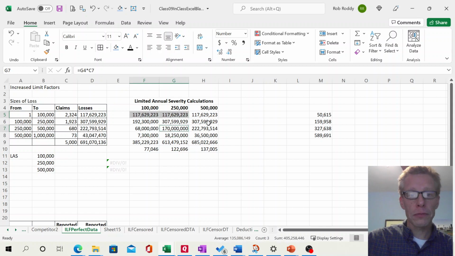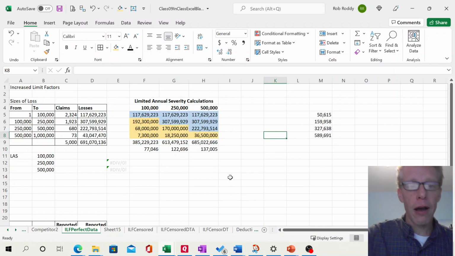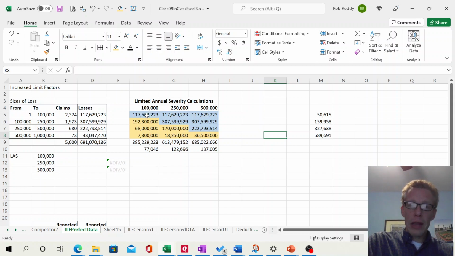So I'm going to color the cells based on the losses and the limited losses. This is really where you can see a little schematic of the layers. So there are different layers of losses.